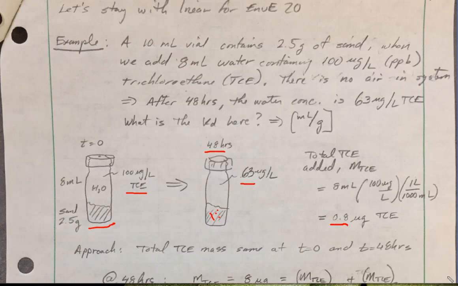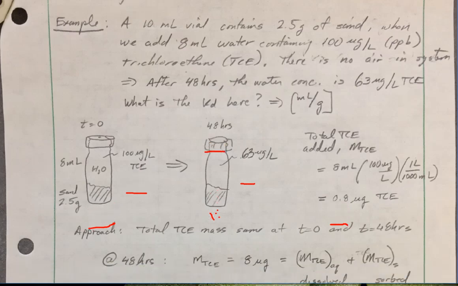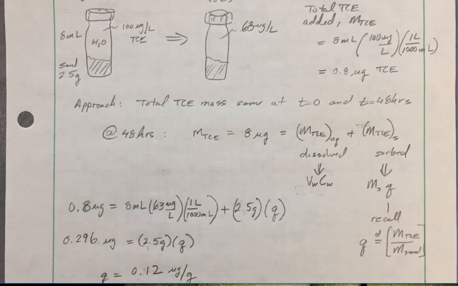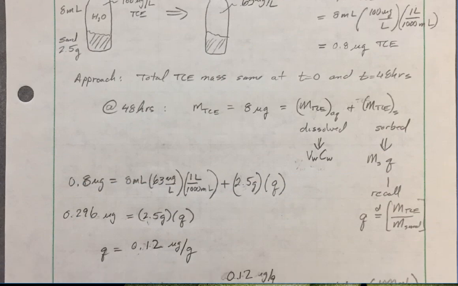Overall, you put a total of 0.8 micrograms. Actually, you can calculate it from the difference. So you know how much you added, 8 micrograms, and you know how much is in the aqueous phase, because that's what you can measure. That's the 63 micrograms per liter that you measure at the end of the experiment.